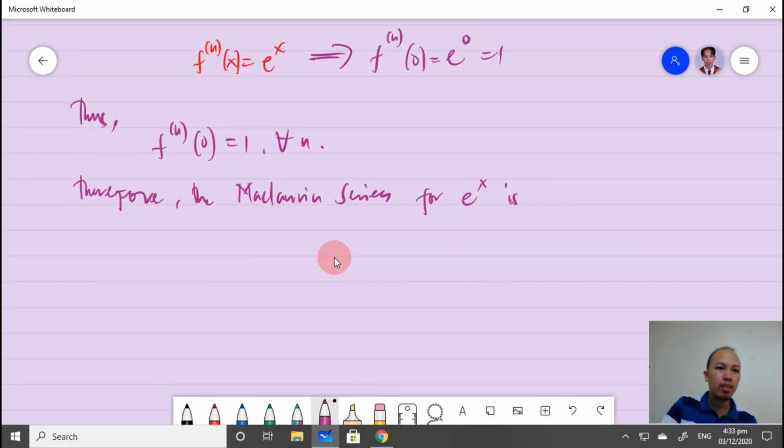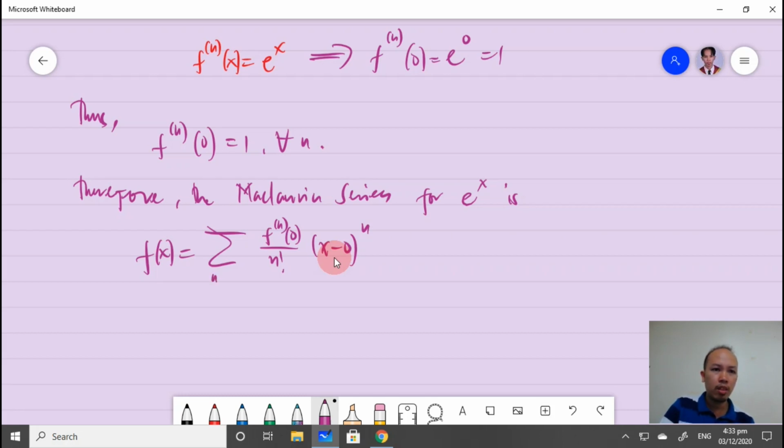Substitute f of x into the formula: the sum of the nth derivative at 0 over n factorial times x minus 0 to the n.